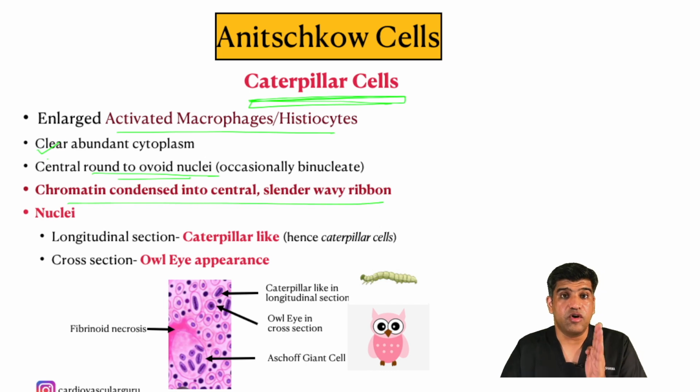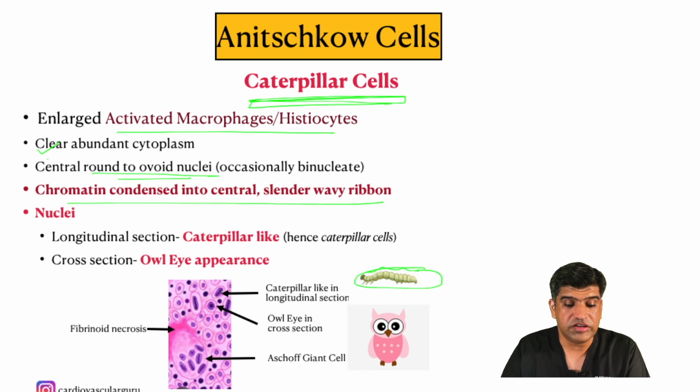And the nuclei on longitudinal section appear caterpillar-like. See, these are wavy. This is a caterpillar, and this is how it looks in the longitudinal section. In the cross section, it looks like an owl eye. So in cross section, Anitschkow cells appear as an owl eye appearance.